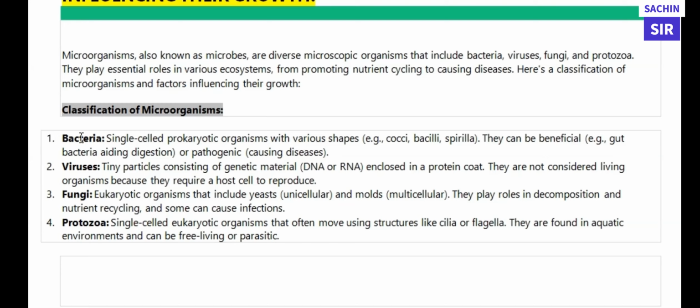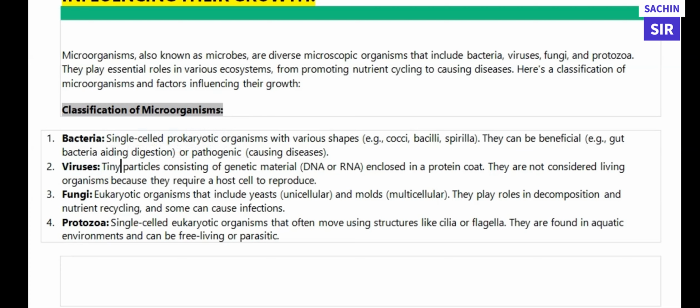Classification of microorganisms. Bacteria: single-celled prokaryotic organisms with various shapes, for example, cocci, bacilli, spirilla. They can be beneficial, for example, gut bacteria aiding digestion, or pathogenic, causing diseases.